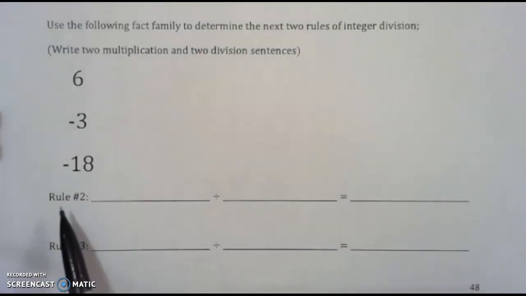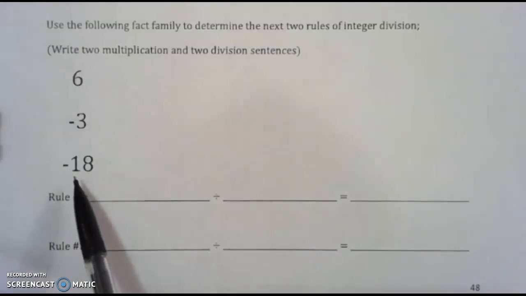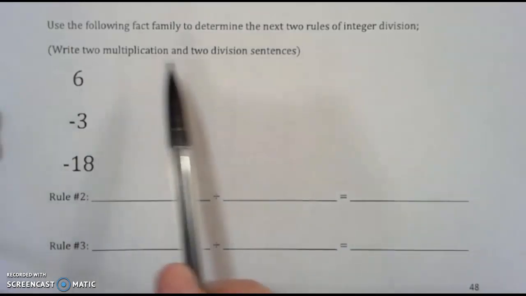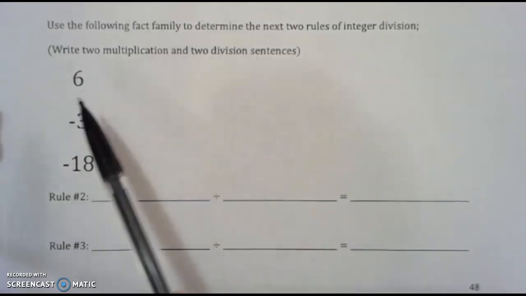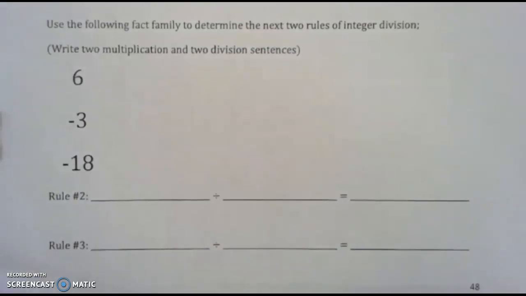We're going to develop 2 more rules for integer division by looking at this fact family, okay? 6, -3, and -18. And just like we did with the ticket example up above, we're going to create 2 multiplication and 2 division sentences using these numbers, 6, -3, and -18. So we're going to start by making the multiplication problems.